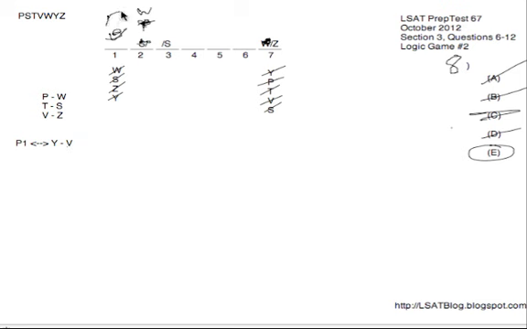We put P on 1, we're going to have Y before V coming later. P before W is good, but T before S cannot fit. So for that reason, we cannot have P on 1 when W is on 2, but P's always got to go before W. Therefore, we hit our roadblock. This doesn't work. That's why W on 2 can never happen, so E is our answer to number 8.